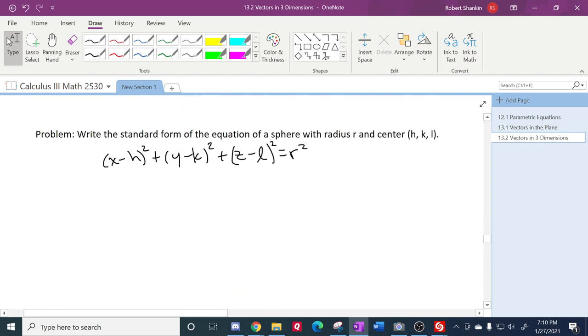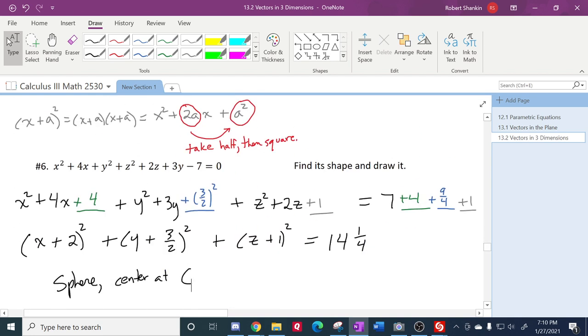In other words, you can take the opposite sign of these. So the center is (-2, -3/2, -1), and the radius is the square root of 14.25. Any questions?